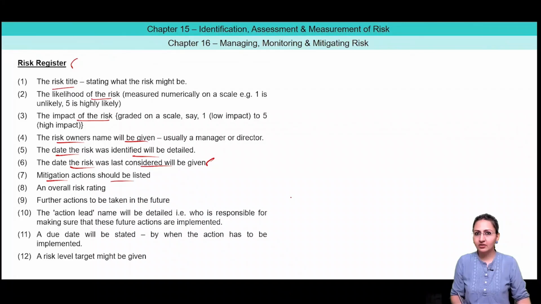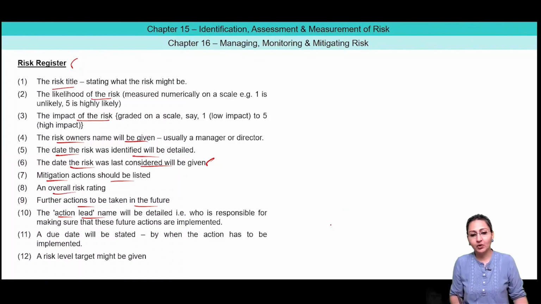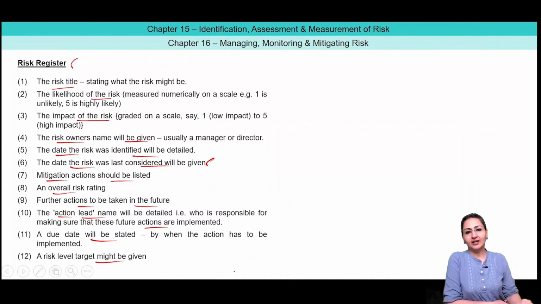Mitigating actions, then overall risk rating, further actions which must be taken in the future. The action lead name, who is responsible for making sure that the future risk avoiding actions are actually put in place. And the due date by which action can be implemented, and then risk level target.